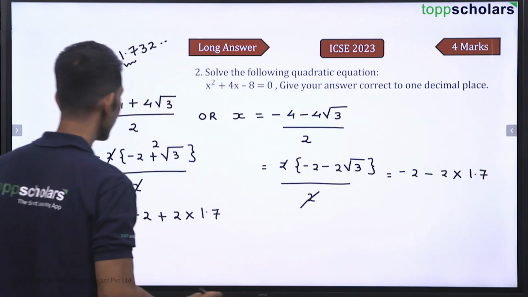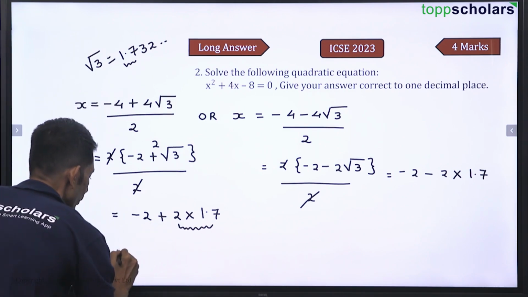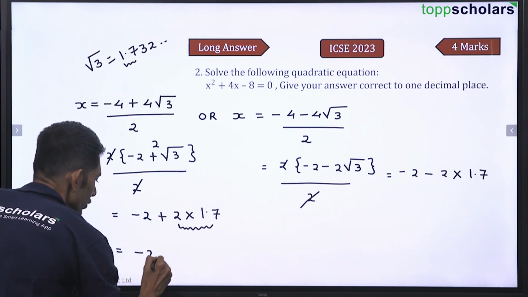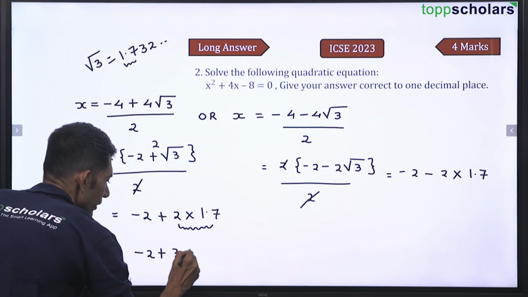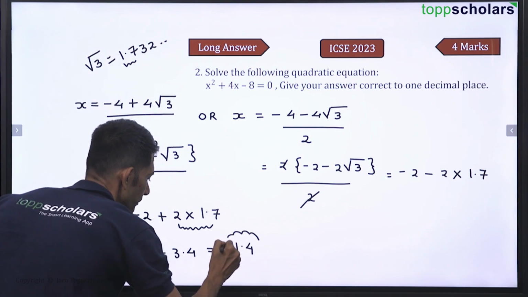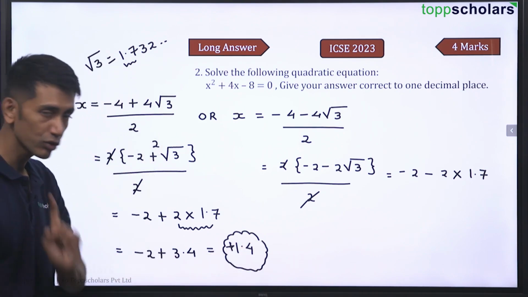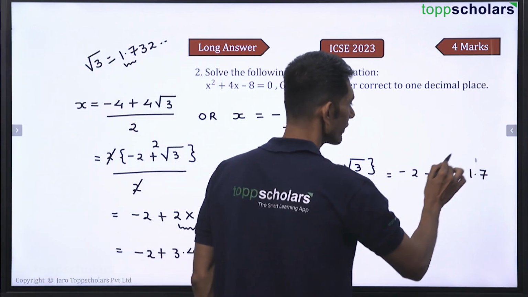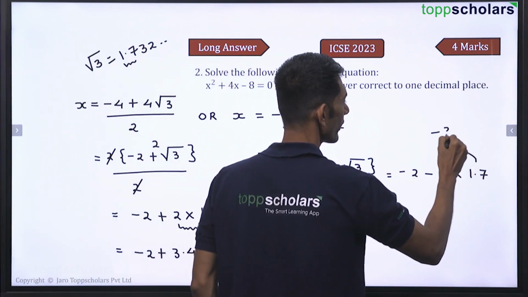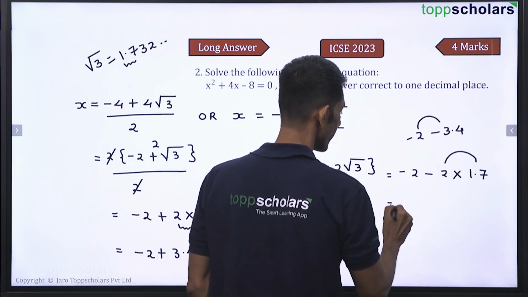Now 2 into 1.7 is 3.4, right? So that gives you minus 2 plus 3.4, that is equal to 1.4. What is the bigger number? 3.4 is the bigger number, so positive. Here you will get negative, that is minus 3.4, and this is minus 2, that becomes minus 5.4.